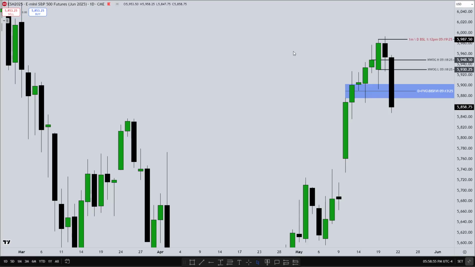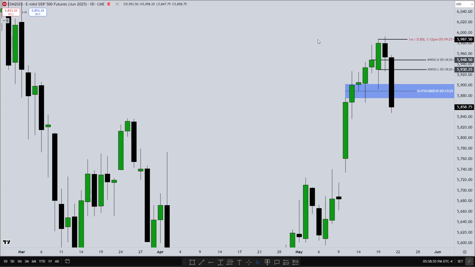Here's a daily chart focusing on what's important for the view. You can see we have the daily buy side at 1:12 p.m. for May 19th, 2025. That was Monday's candle high.